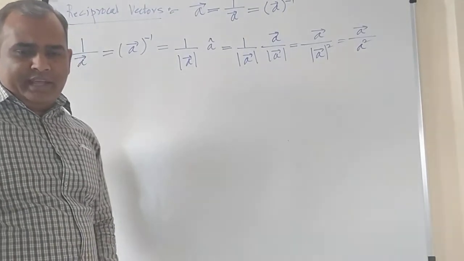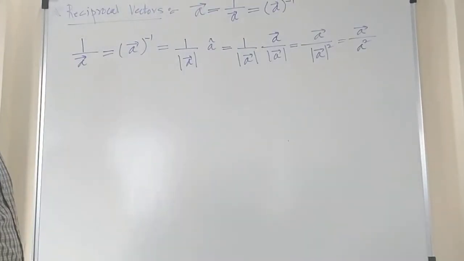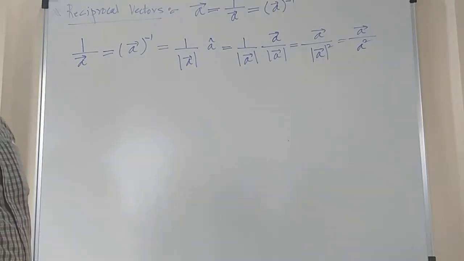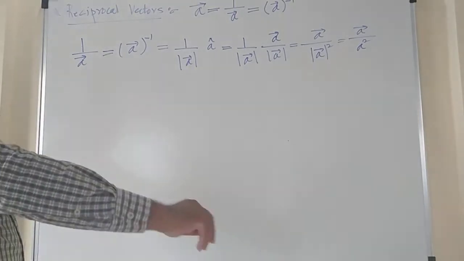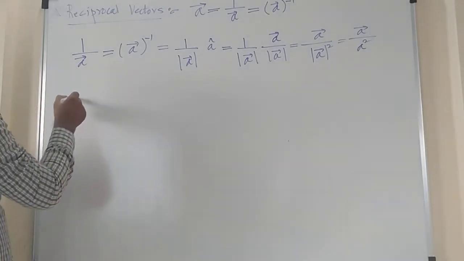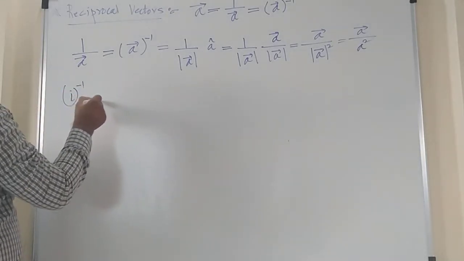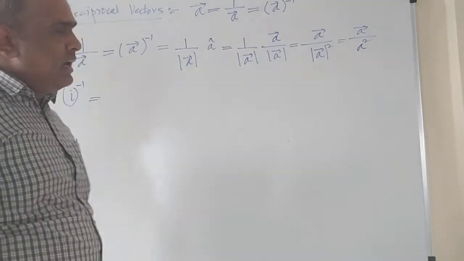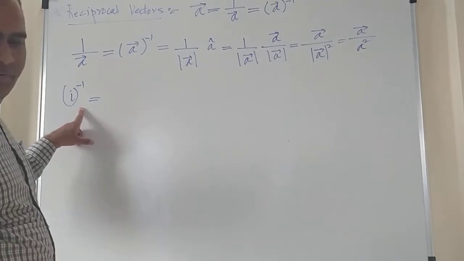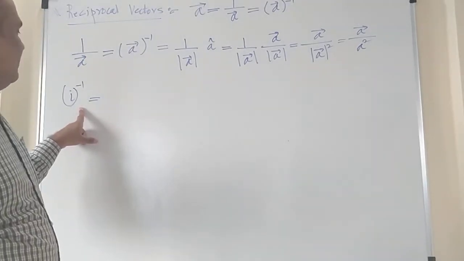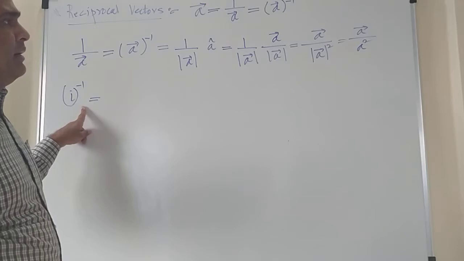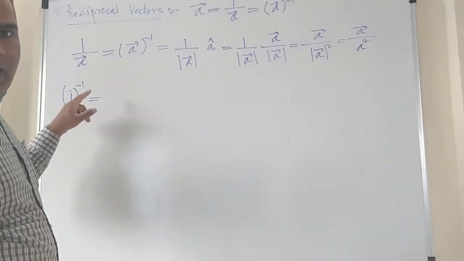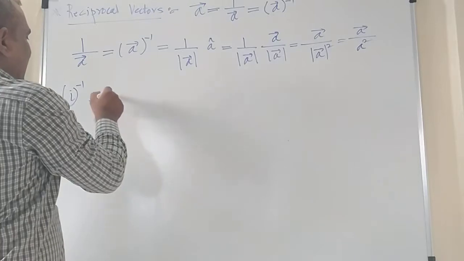Got it? Now what are the examples of reciprocal vectors? Unit vectors are known to you, so you can calculate the reciprocal vectors of the unit vectors. Let me calculate the reciprocal vector of the unit vector i, represented as i inverse. This is a unit vector, and therefore I can write it as i divided by i square. The i will get cancelled and you will get i cap only.